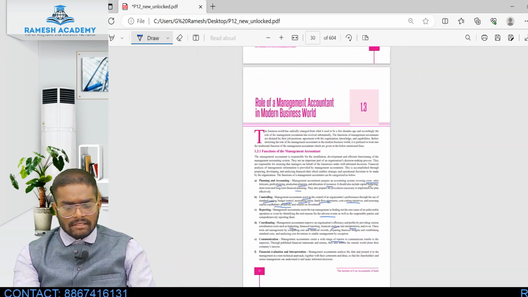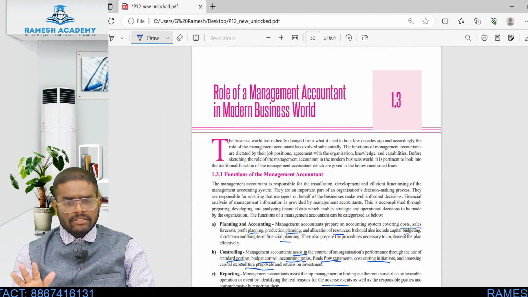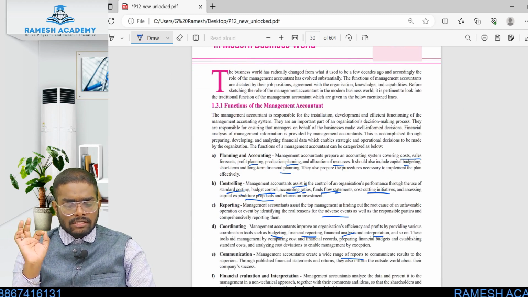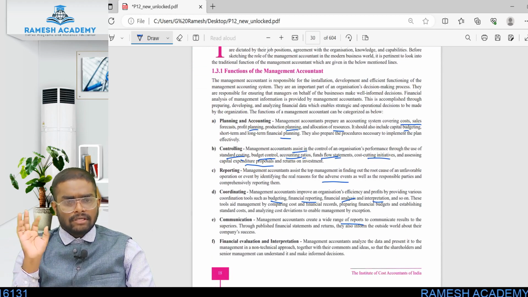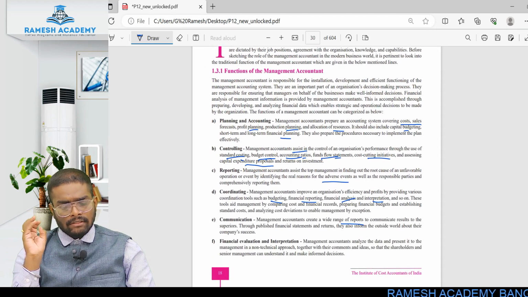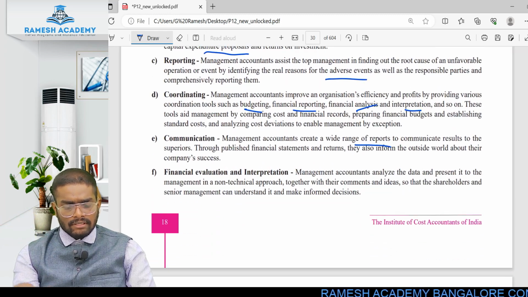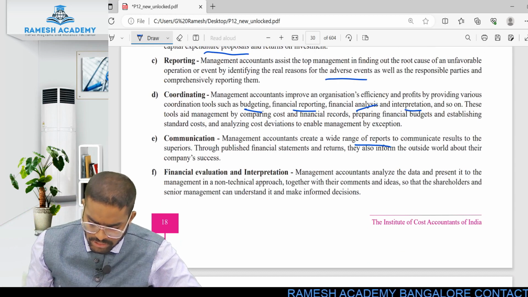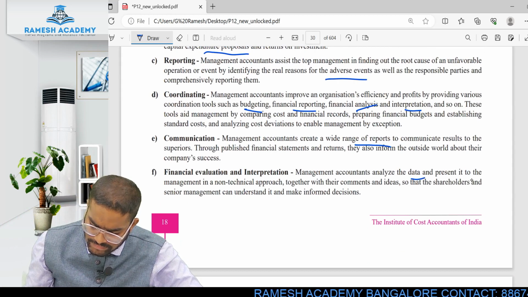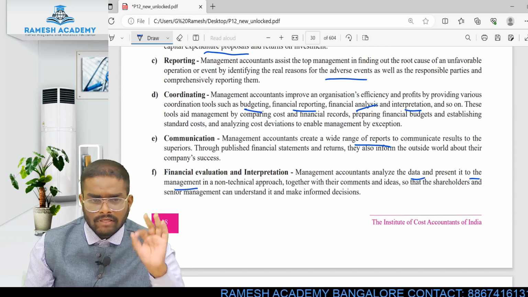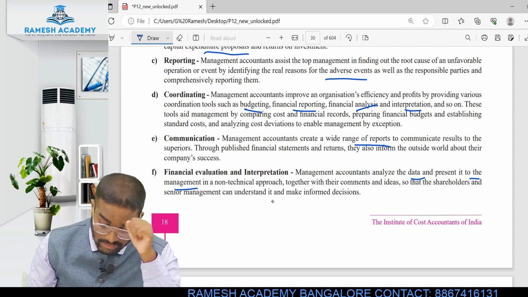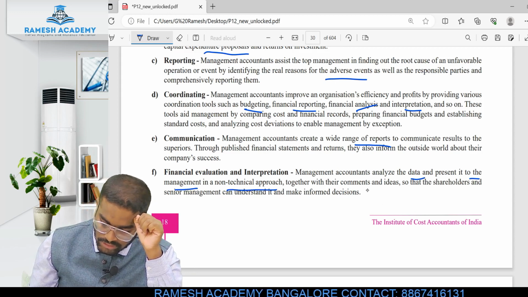So these are the functions of a management accountant in this business world. He has to take care of planning, accounting, controlling, coordinating, communication, reporting, financial evaluation and interpretation. So I guess we missed this point. The management accountant will analyze the data and present it to the management in a non-technical approach, together with comments and ideas.